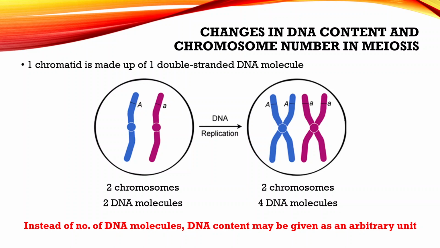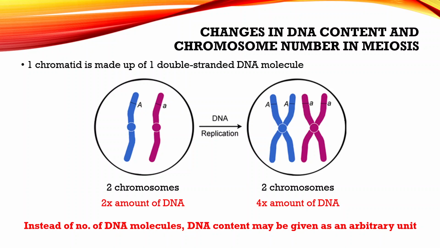They will just represent the amount of DNA with some arbitrary unit. So instead of 2 DNA molecules, maybe they will just call it 2x, and therefore 4 DNA molecules would be 4x. The arbitrary unit depends on what they give you originally, so you just tackle it accordingly.